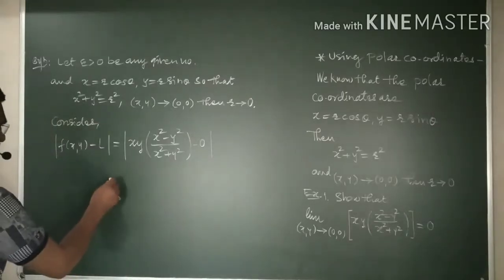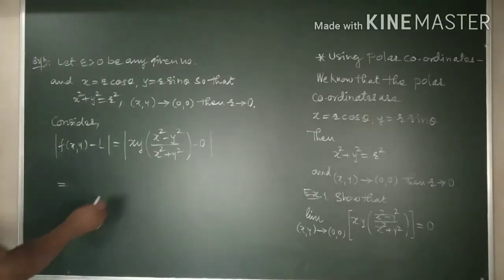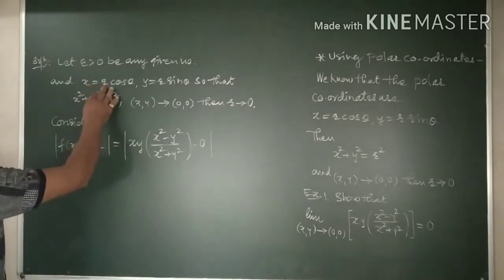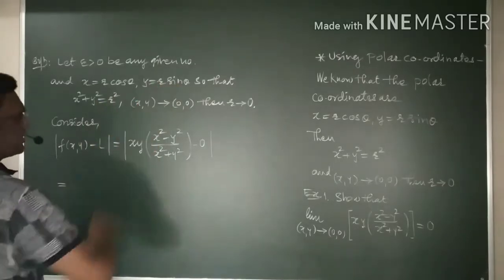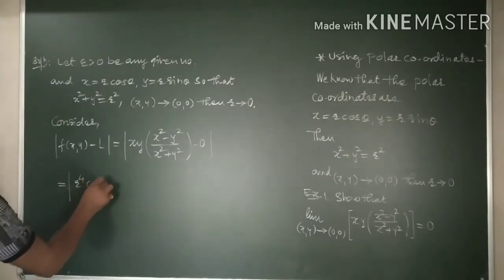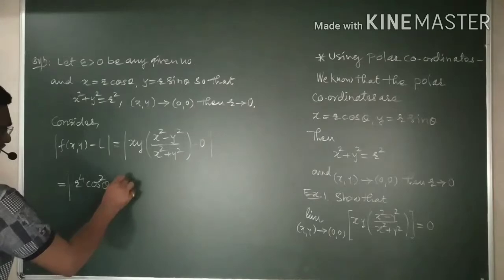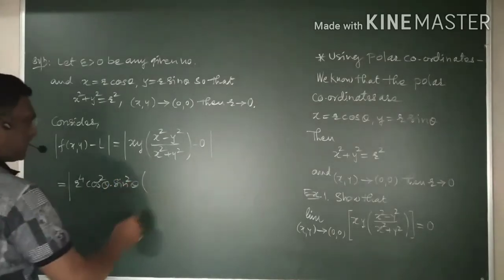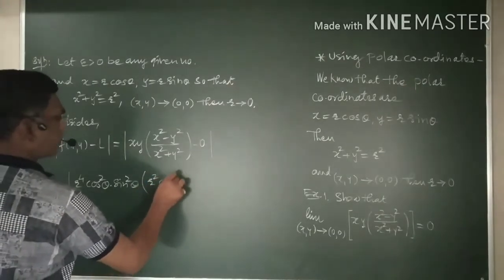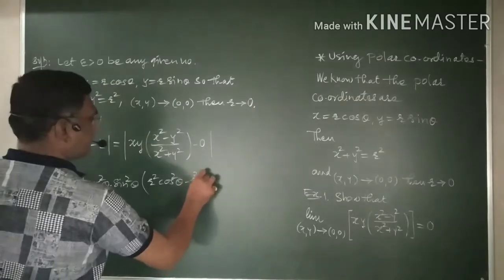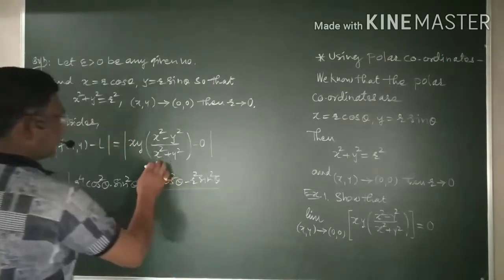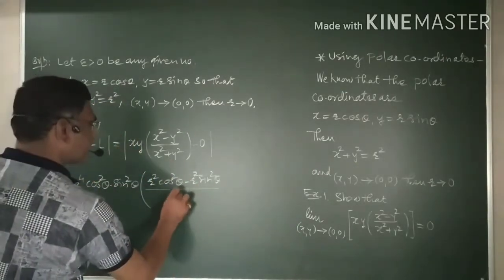This is equal to, if we put the values here, x into y, which is r square cos square theta times r square sin square theta. Therefore, r raised to 4 cos square theta sin square theta, into (x square minus y square), which is r square cos square theta minus r square sin square theta, divided by x square plus y square, which is r square.